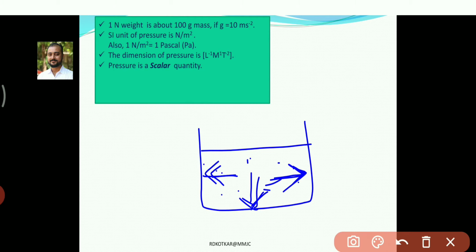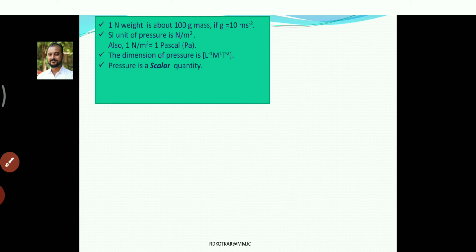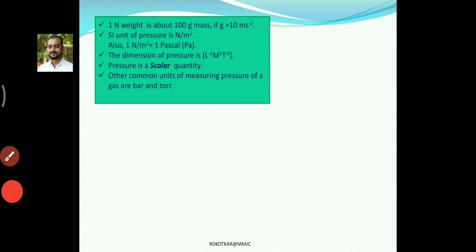It does not depend upon the direction, and so pressure is a scalar quantity.